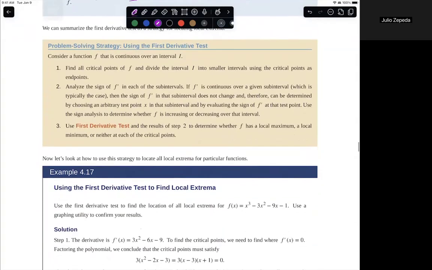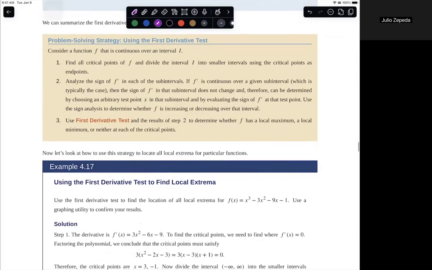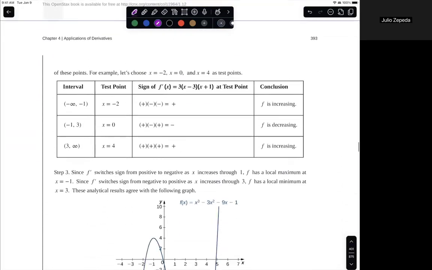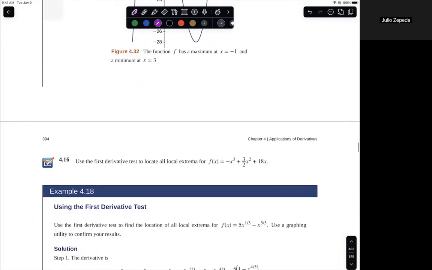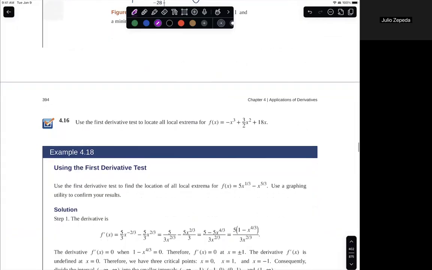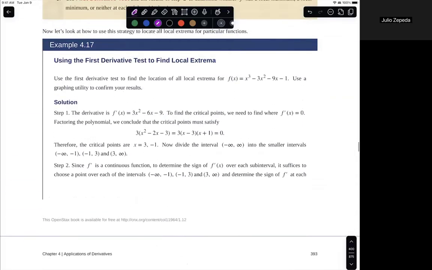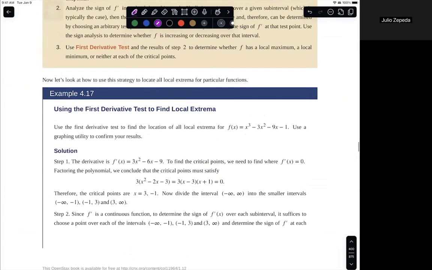Let's go ahead and use this problem-solving strategy to demonstrate the first derivative test. Let's see here, which problem can we do? We'll just take a look at the one that's done there and do it ourselves.